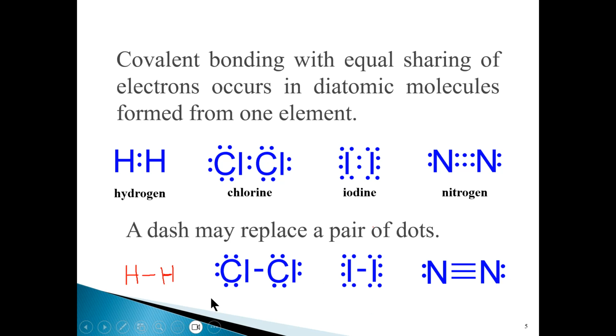Another thing I want to point out here before we move on is that in the case of chlorine, iodine, and nitrogen, and this is true for most of the covalent compounds that we're going to meet at this level, the electron sharing takes place such that each atom ends up with 8 electrons on its outer shell. And that's important because that 8 electron arrangement confers a great deal of stability to the structure, all right?